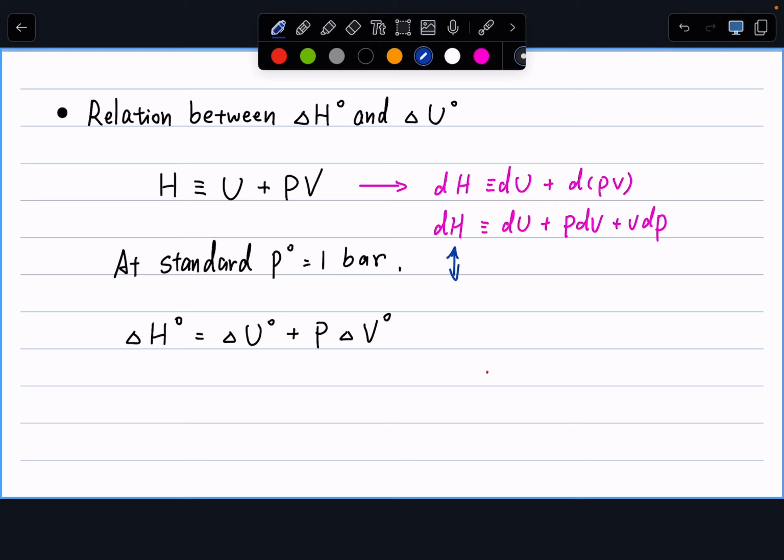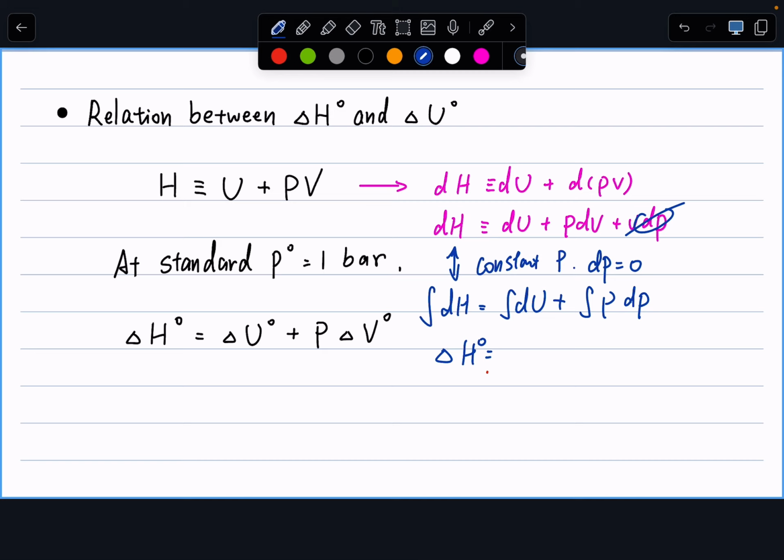And then, using constant pressure, we know that dP equals 0. Right, and we take the integration on both ends. We have dH equals dU plus P dV. Now, pressure is a constant, so that's why we can take it out. And that's how we get delta H naught equals delta U naught plus P delta V naught.